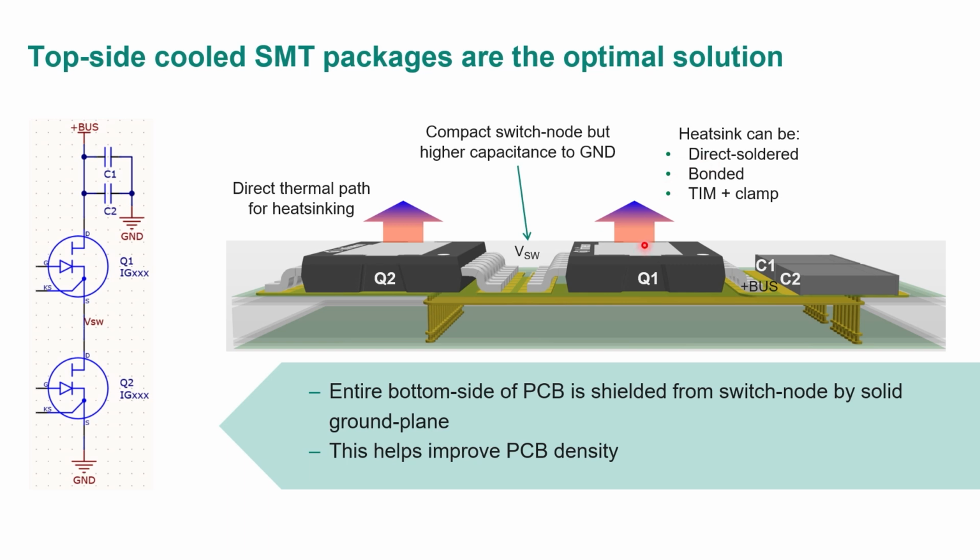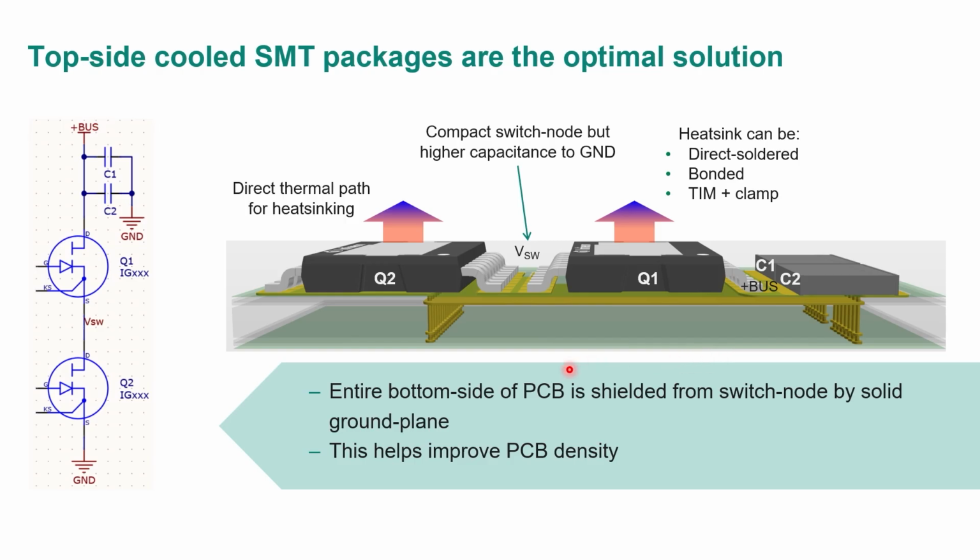Either direct soldering heat sinks, I can use bonded heat sinks, or I can use thermal interface material plus a clamp and so on. So the other key benefit here is now I free up the entire backside of the PC board for other circuits.